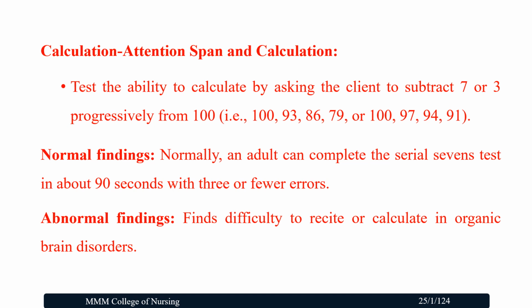Example: 100, 93, 86, 79, or 97, 94, 91. And what are the normal findings that can be expected? Normally, an adult can complete the serial sevens test in about 90 seconds with 3 or fewer errors. And abnormal findings are difficulty in calculation, seen in brain disorders.